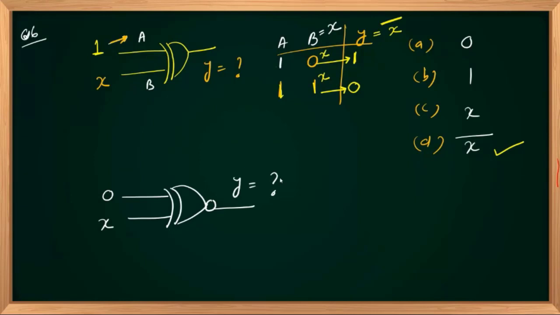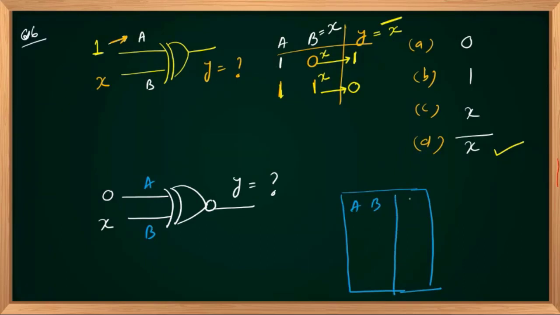No problem. It's the truth table of XNOR. You should not forget the truth table of XNOR. What was the truth table of XNOR? If I have two inputs, let us say A and B, and output Y. And A input is always 0, right?